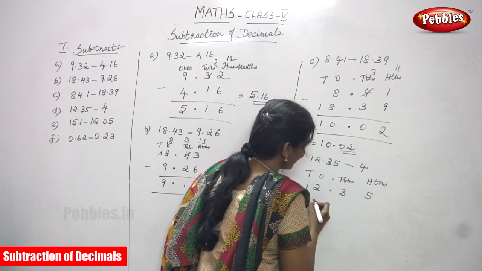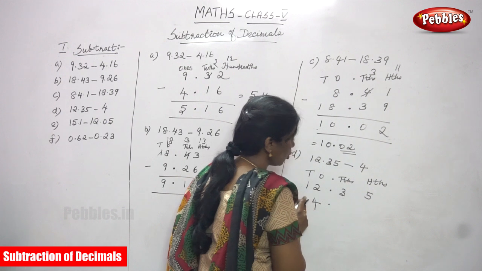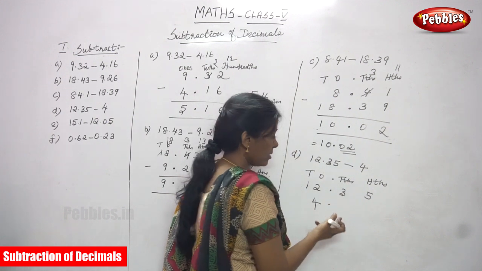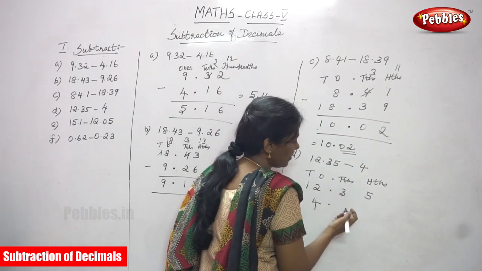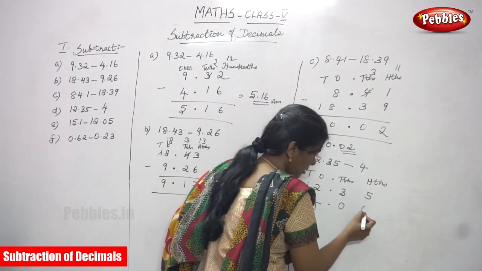After that you write the next number. 4 comes in ones place, put a point. There is no number in tenths place, so write 0. In hundredths place there is no number, write 0.